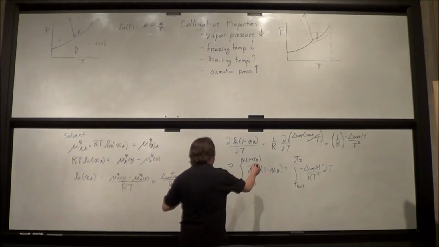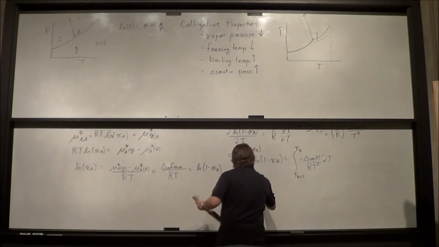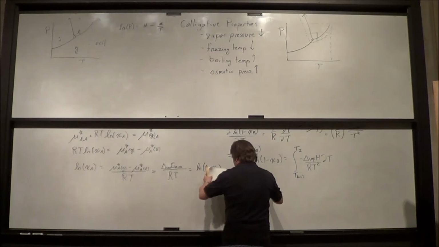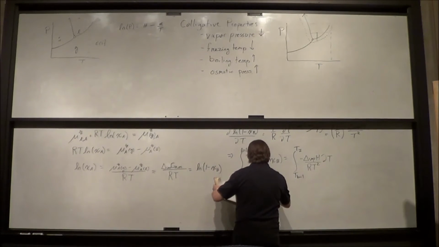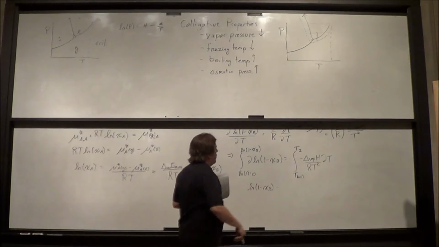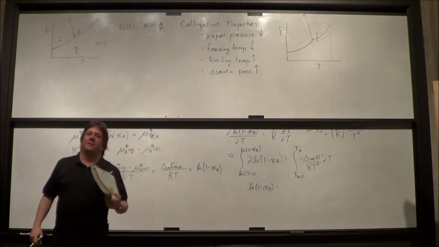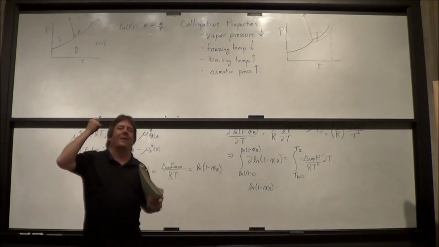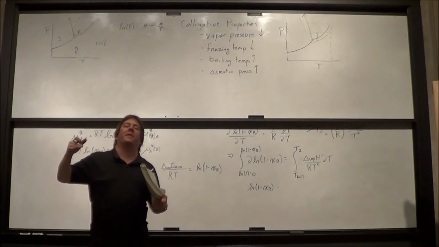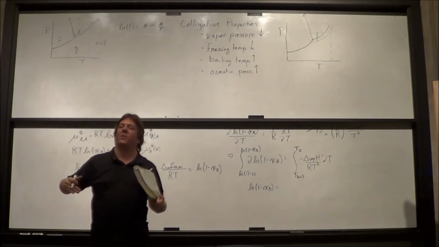Okay, so this one is really easy. This is just going to be ln of 1 minus chi b. And the integral of 1 over x squared is, well, you can do it in your head, it's not hard. The derivative of what is 1 over x squared?